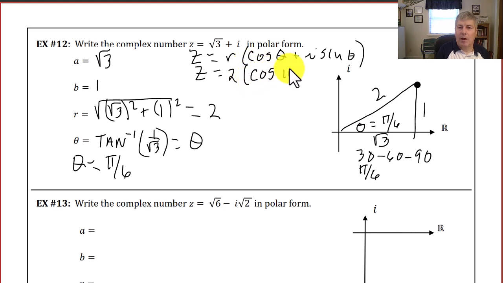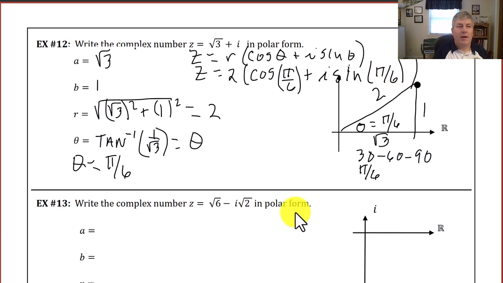Our theta is pi over 6. So 2 times cosine of pi over 6 plus i sine of pi over 6. And that is our final answer. That is our polar form, or our trig form, of the square root of 3 plus i.